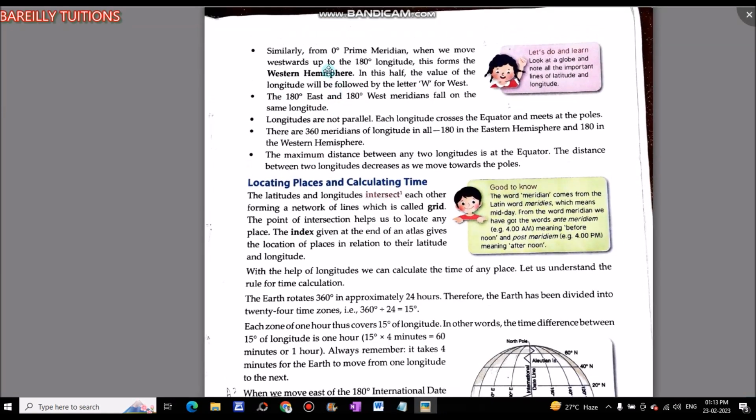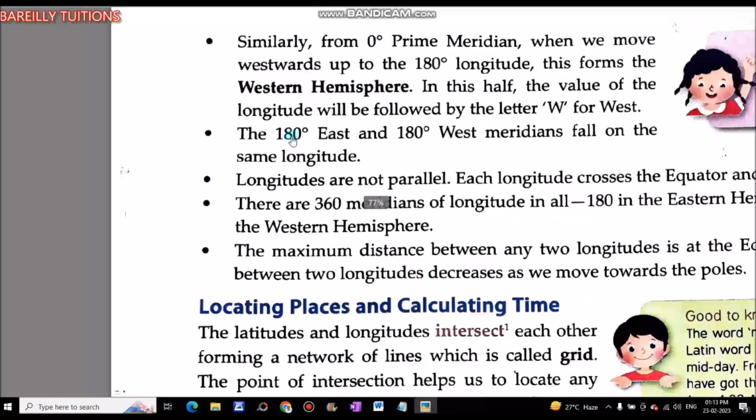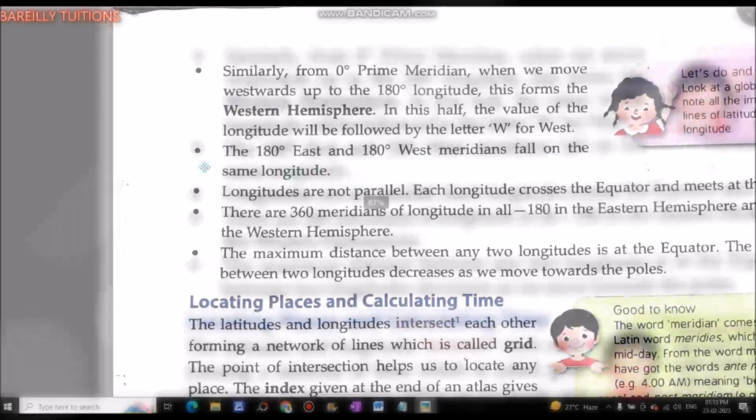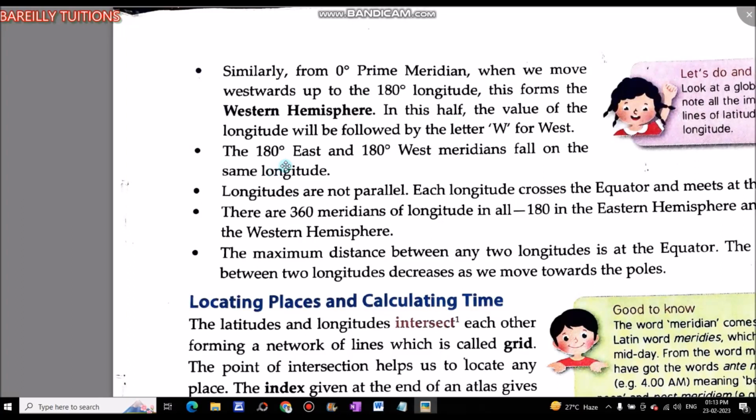Similarly, from the 0-degree prime meridian, when we move westward up to the 180-degree longitude, this forms the western hemisphere. In this half, the value of the longitude will be followed by the letter W for west. The 180° east and 180° west meridians fall on the same longitude.